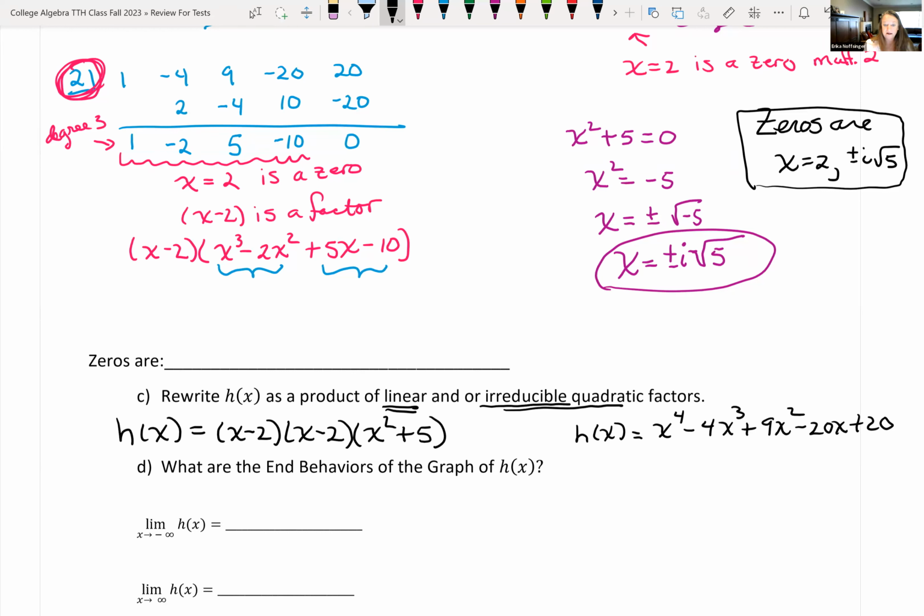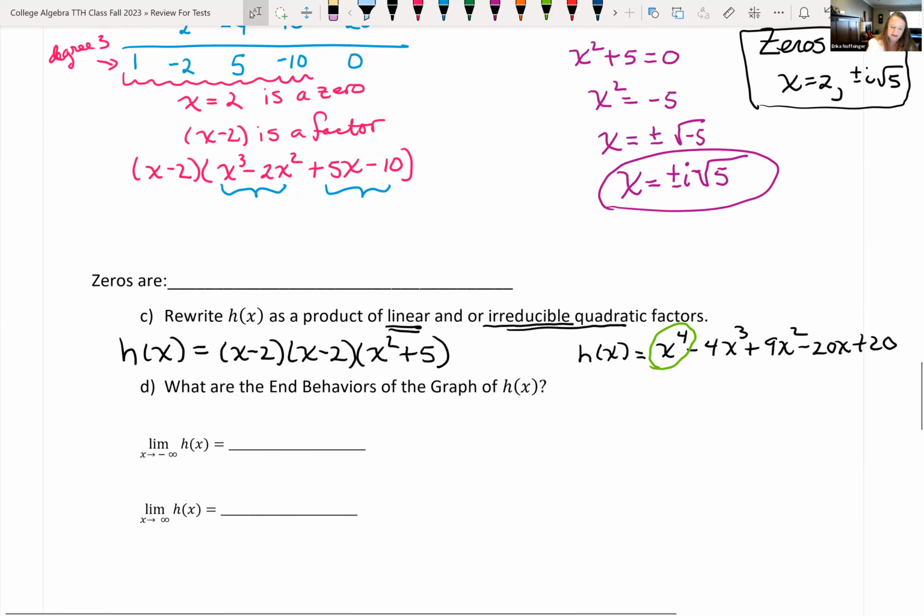So recall the end behaviors of a polynomial have to deal with our leading term. So that is the variable raised to the highest power and the coefficient. And so what's going to determine the end behaviors of our graph is this x to the fourth.